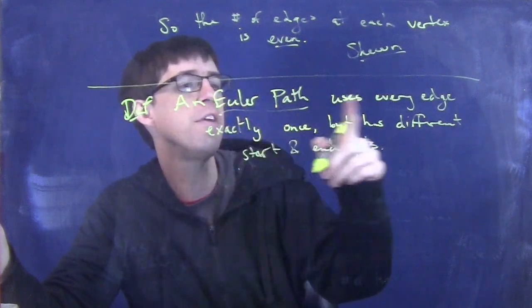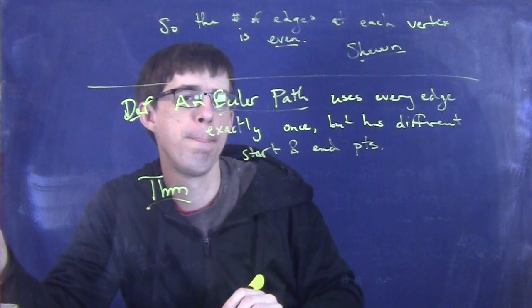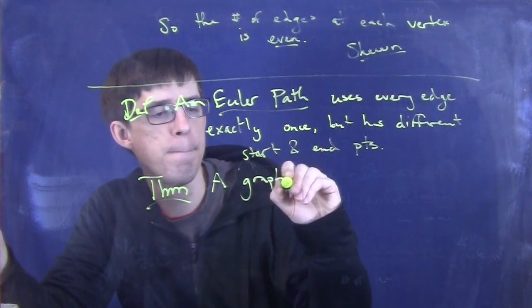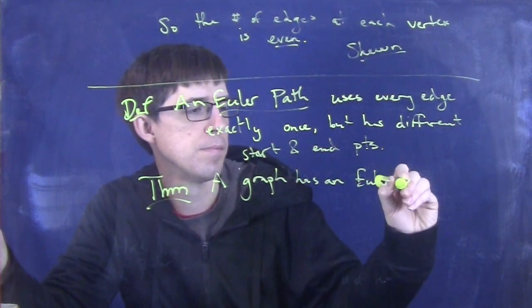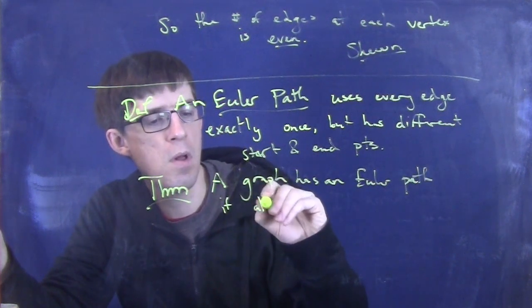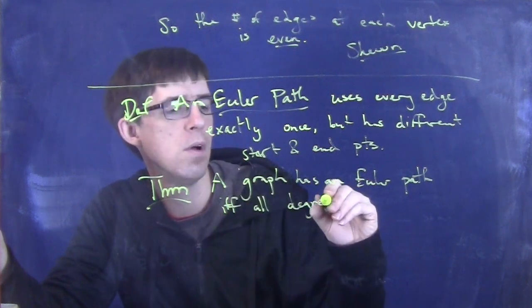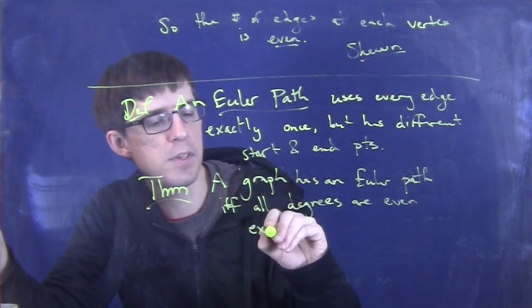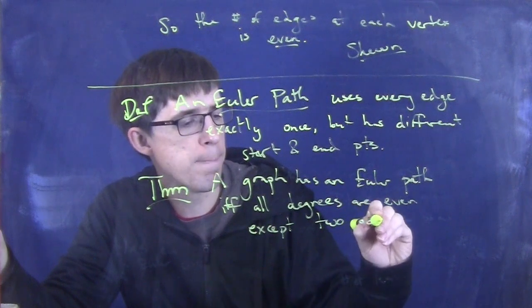So the theorem about Euler paths: a graph has an Euler path if, and actually it's if and only if, all degrees are even except 2 odds.